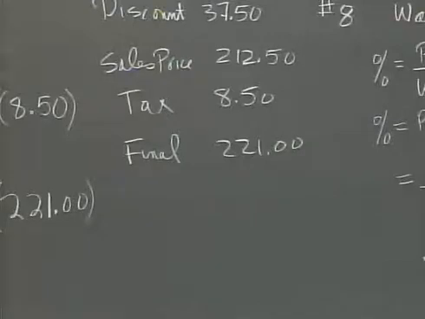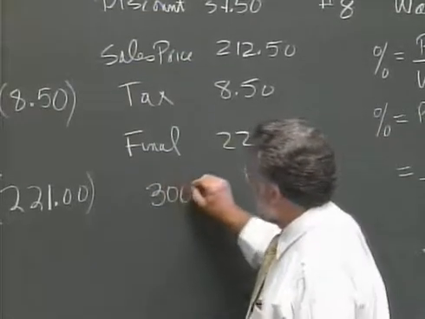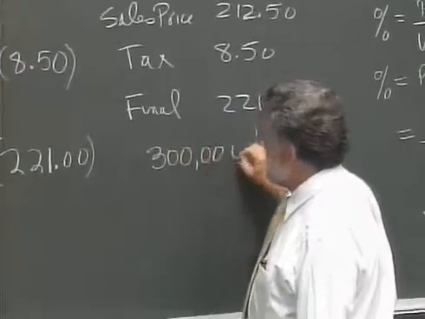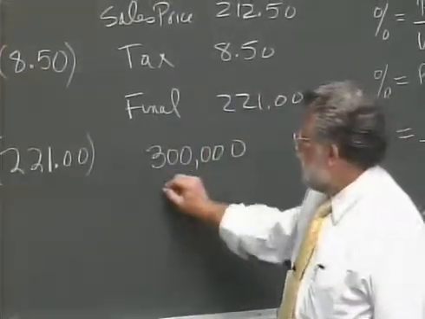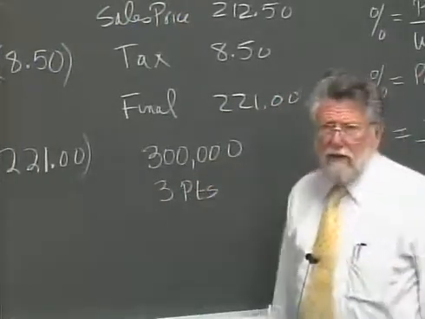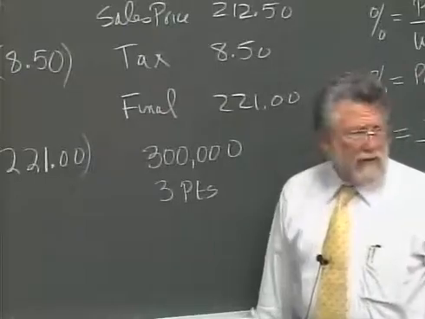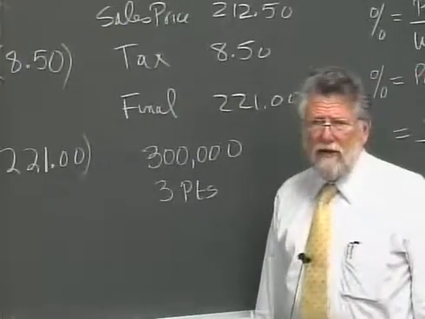Okay. So $300,000 for the price of the house. That's what it's been reduced to. Now, points, 3 points. That means 3%. What is 1% of 300,000?